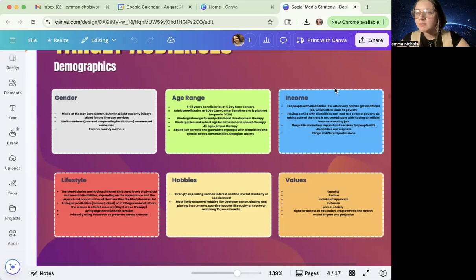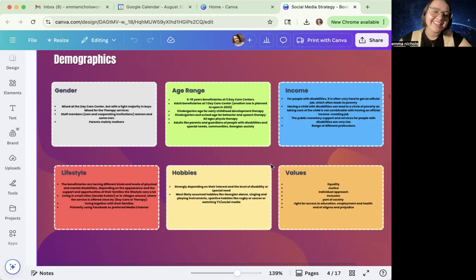Most of the income is people with disabilities, so a lot of poverty. It's hard to get an official job, which leads to poverty. Let me re-explain that. Having children with disability can lead to the circle of poverty. So basically we know their income, and lifestyle is different depending on their disability.